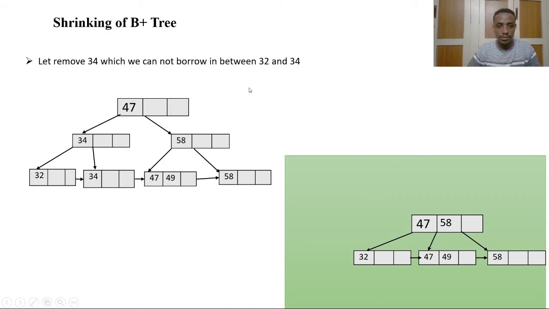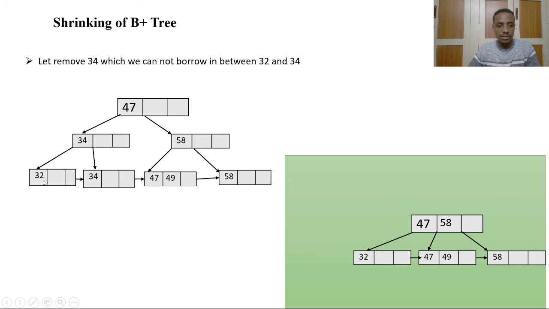There is another important point, that we can reduce the height using merging of nodes. So while we are deleting the key at the leaf or at the inner node that cannot borrow from the siblings, we will go for merging of nodes.